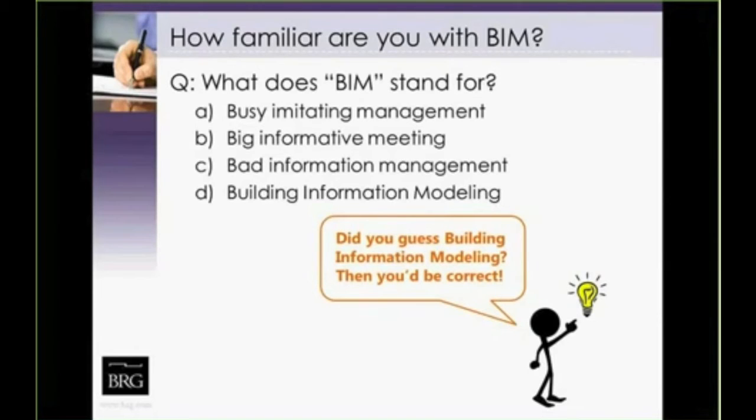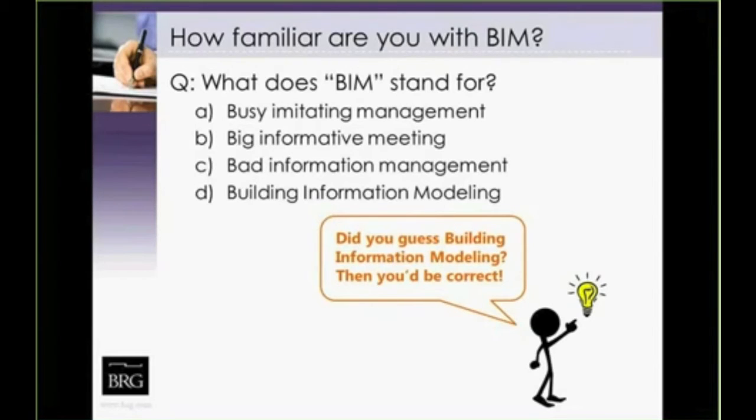To give you a rough idea of what BIM is for people that aren't familiar, BIM is very similar to managing. So it's building information management. And when you're looking at BIM, it's important to note that it's very similar to CAD. The difference between BIM and CAD is that BIM manages information in 4 dimensions, the third one being 3 dimensions, and the fourth one being time.